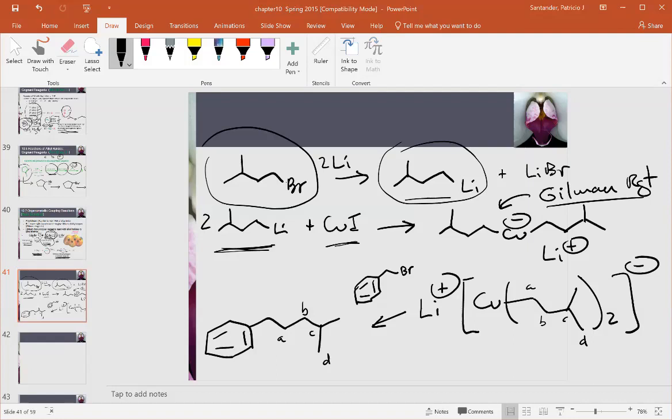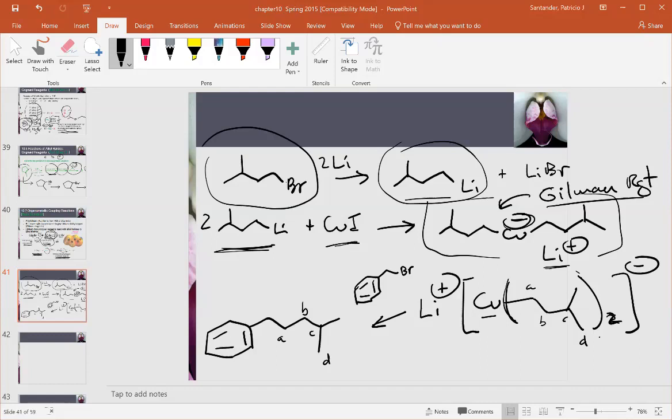So there you can see that the copper is bearing a negative charge. You have two alkyl groups attached, two alkyl groups that are identical. And then we have a lithium cation as a counterion of the anion. Another way to write down this same structure is by making use of brackets and parentheses. I can say I have a copper that is attached to 2 units of whatever I have in the parentheses, right?